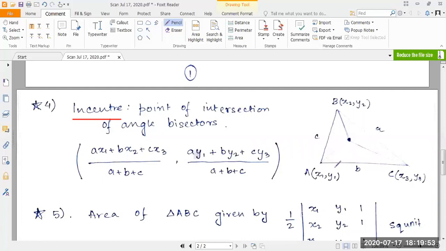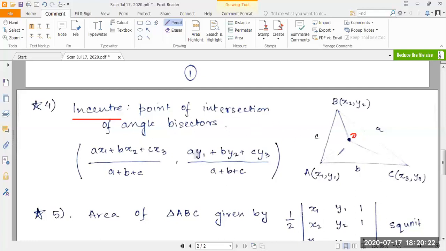The angle BAC is divided by the line segment from A, let's call the point O, so AO. Similarly, the angle ABC is divided into two parts by the line segment BO, and CO divides the angle ACB. These three are the angle bisectors of the three angles of a triangle, and they meet at a point O, which is called the incenter of the triangle.